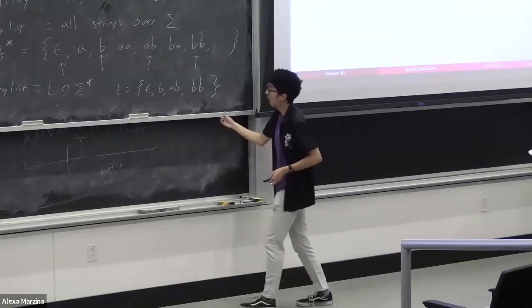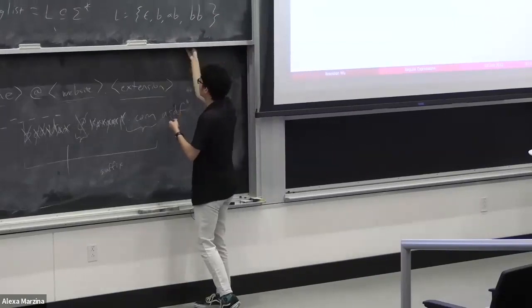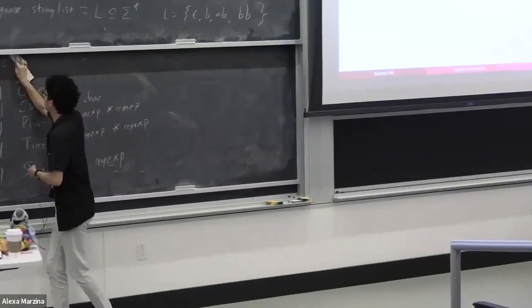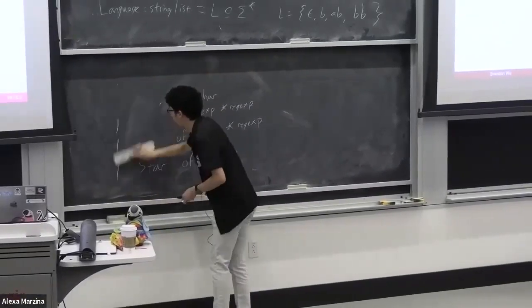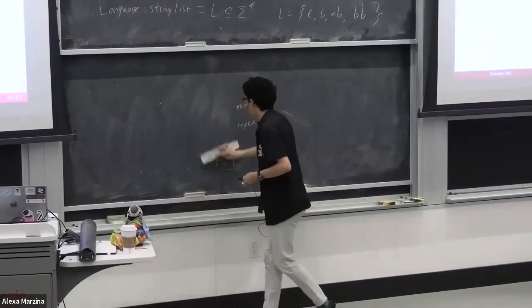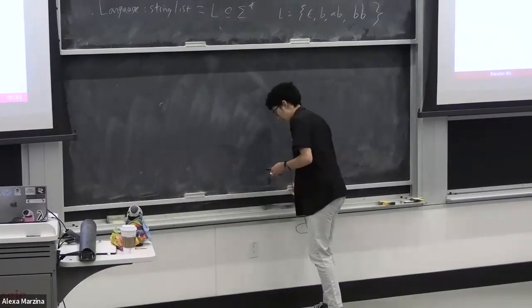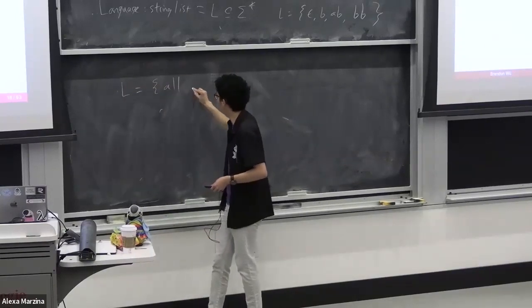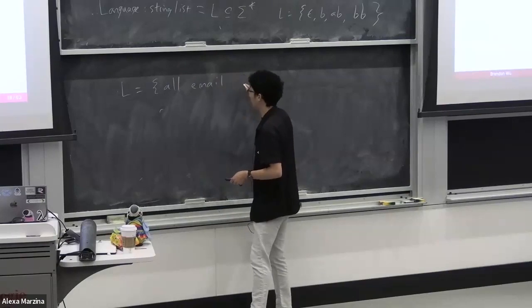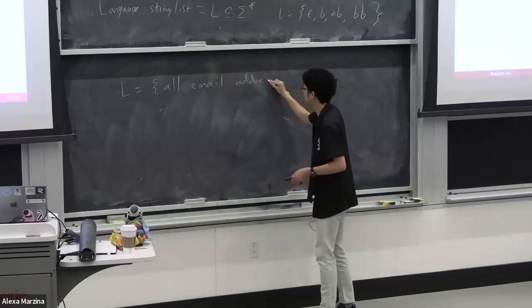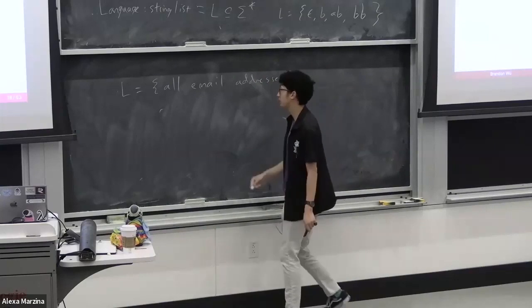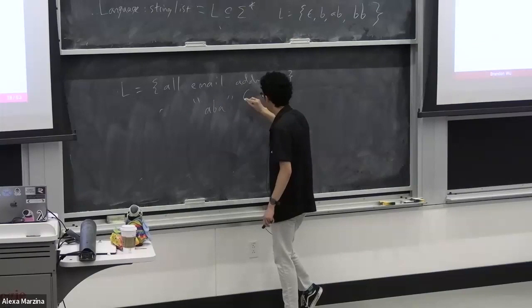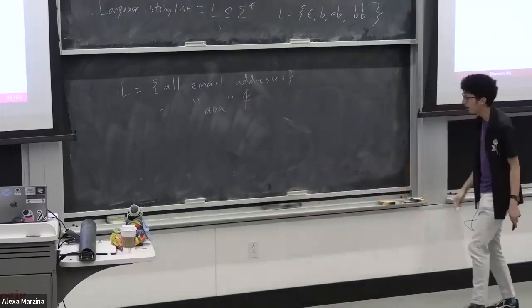One example of a language we might be interested in, in the context of our email matching problem, is L equal to all email addresses. This is a valid language. The string ABA is not in this language because it's not a valid email.